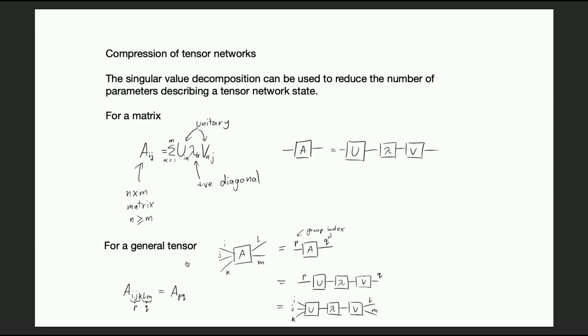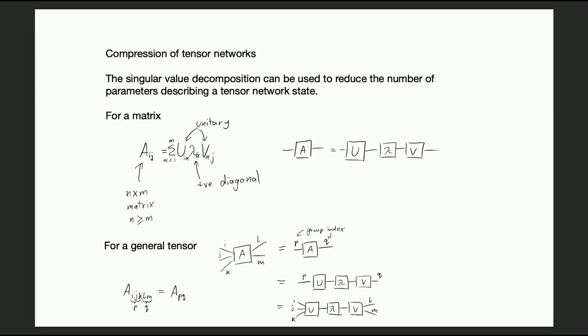At the heart of this compression is the singular value decomposition. You're probably all familiar with this. It's something you can apply to an arbitrary matrix. Say we have an n by n matrix, Aij. You can always rewrite that as the product of a unitary matrix times a diagonal positive matrix times another unitary matrix.